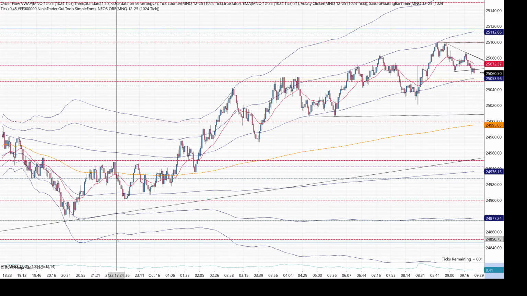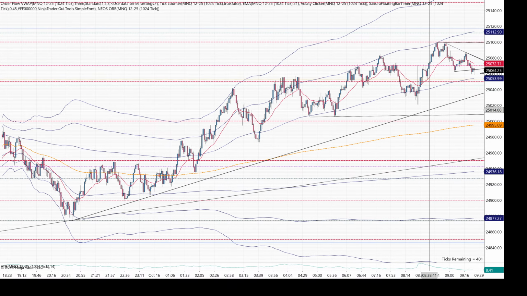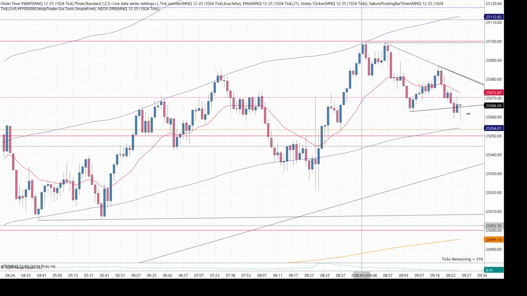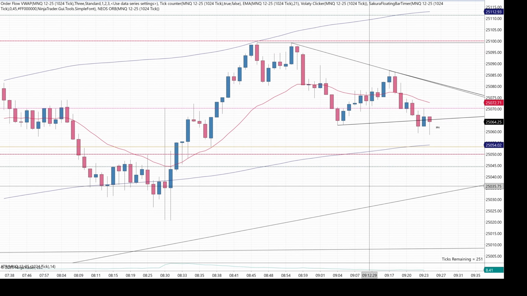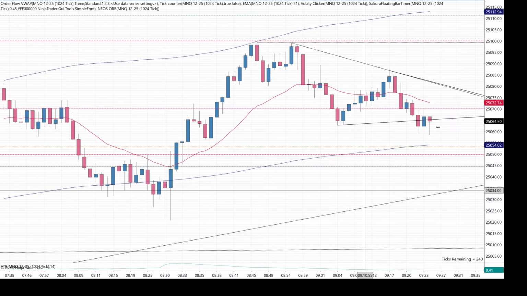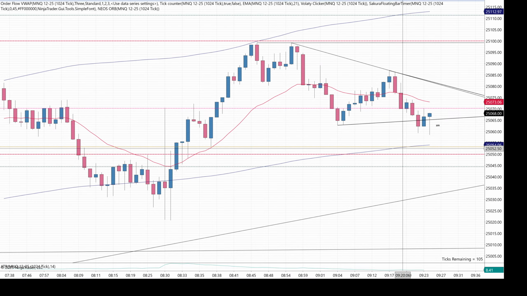We also have a little bit of a channel thing going on right here. Upward trend line that could be tested. So I'm going to go ahead and mark that real quick. We have a little over 5 minutes before market opens.